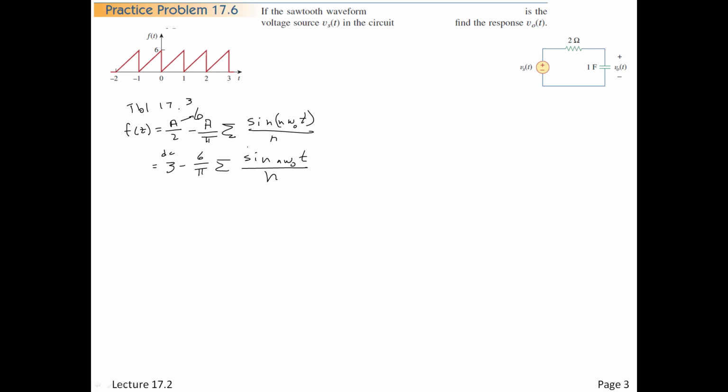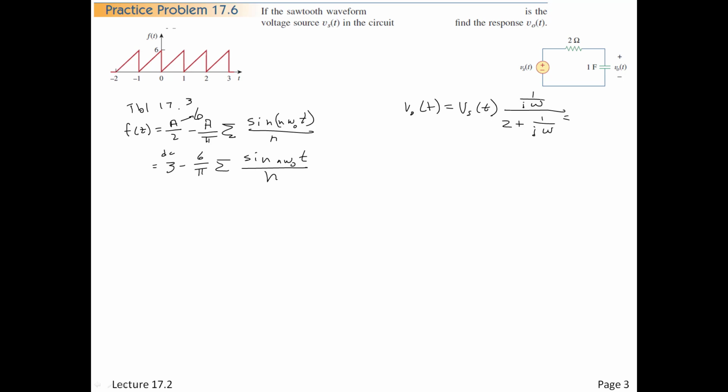So what we're really going to be looking at is a voltage divider, right? That the V out will be what? Vs of t times the impedance of the capacitor, which is 1 over j omega, divided by the sum of the two, 2 plus 1 over j omega.